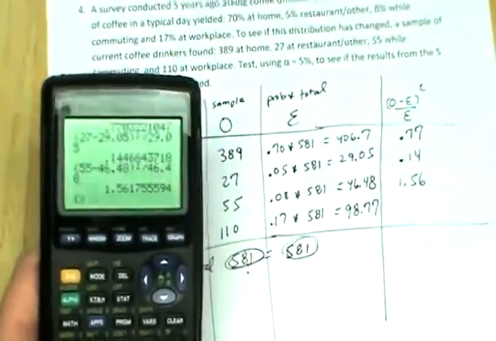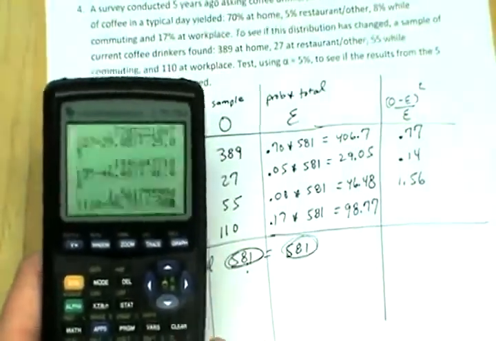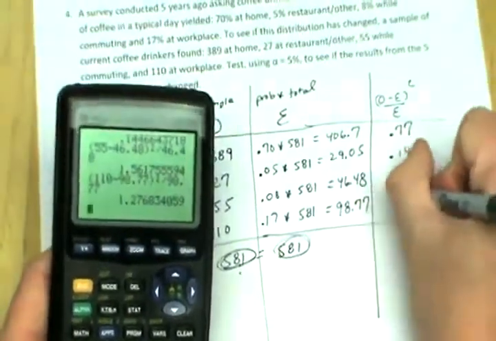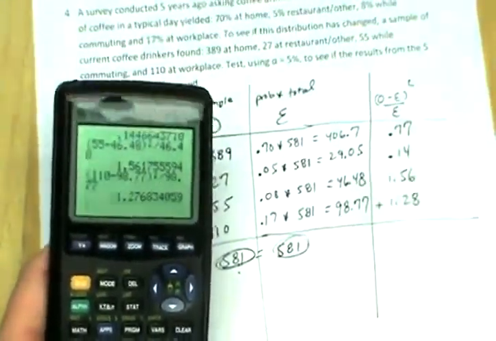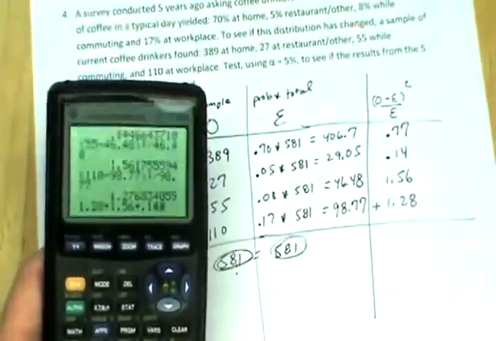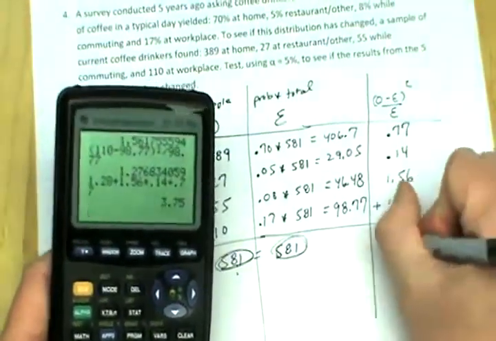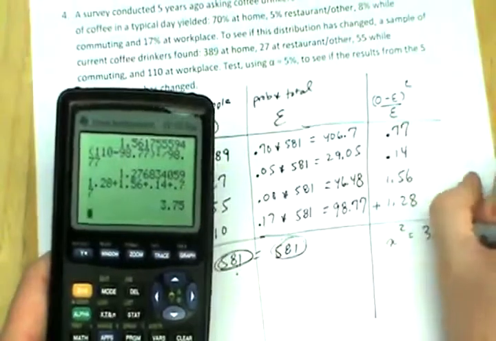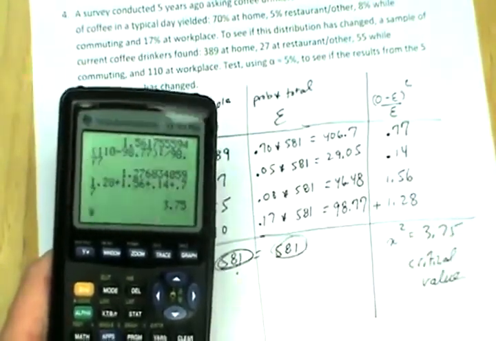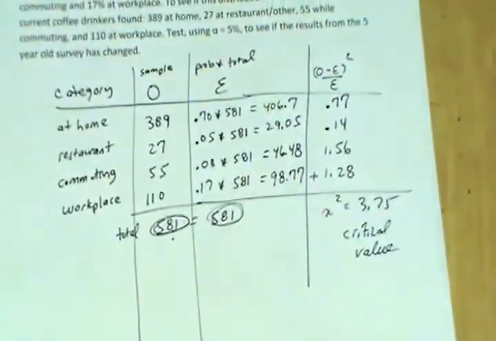And finally, 110 minus 98.77 squared divided by 98.77 is 1.28 if we round to 2 decimals. So we take 1.28, add 1.56 and 0.14 and 0.77. That's 3.75, our test statistic. Okay, so that's what it should look like, just like that.